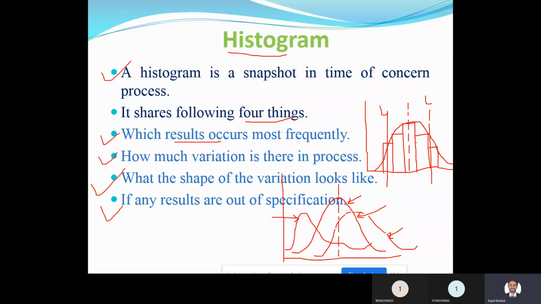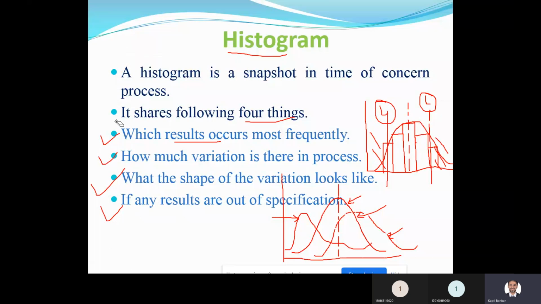If some data is placed on this side, or some data is placed on this side, meaning outside these two lines, that data is out of your specification. So from this diagram you can tell that some of your data points are out of specification, and which range is out of specification. Then you can modify or correct that data. So from the histogram, just a minute.